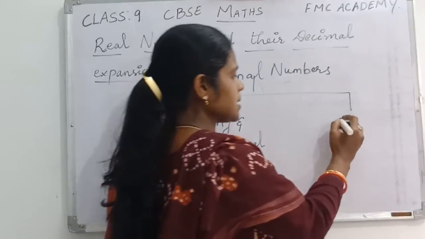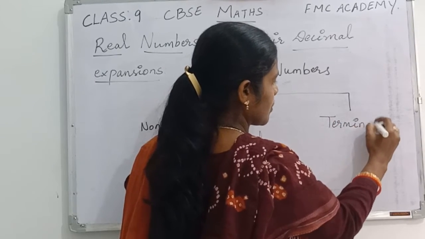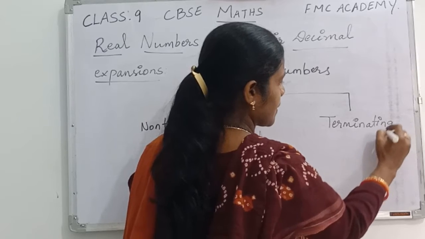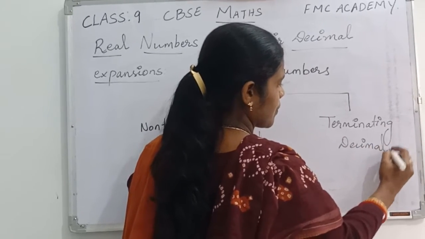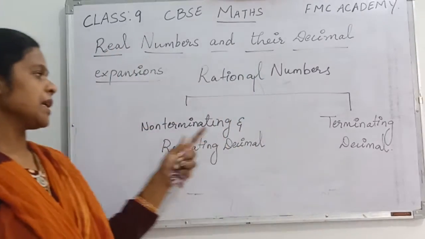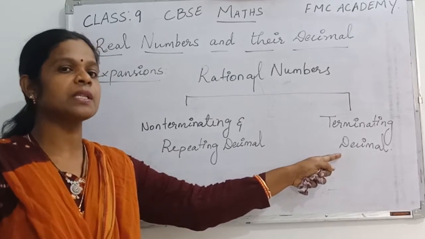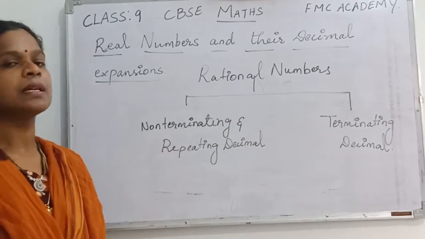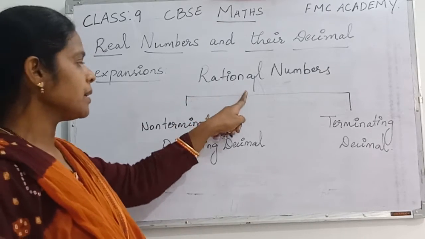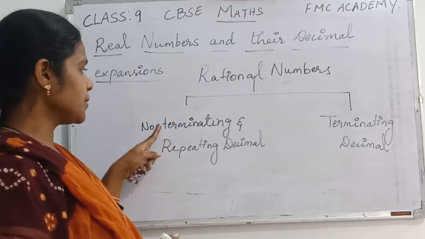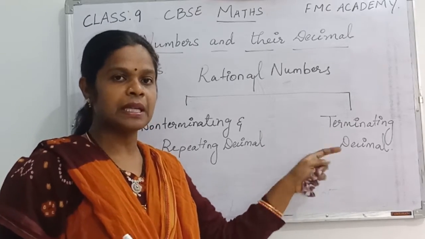And in the second case, terminating decimals. So all the decimals that are non-terminating and repeating, as well as the terminating decimals, are called rational numbers. Or you can say all the rational numbers can be represented in the form of non-terminating and repeating decimals, or in the form of terminating decimals.